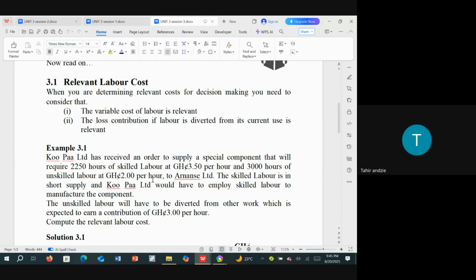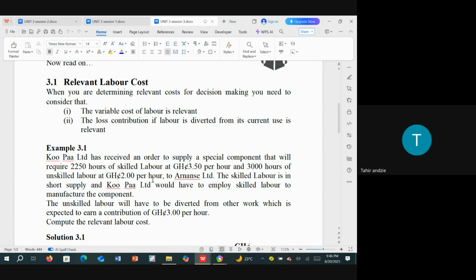Yes, the reason why we are using that amount is that the skilled labor is in short supply. So what we are going to hire is a variable labor cost, and the variable cost of labor is relevant. So once they are in short supply and we are going to employ those hours, the rate per hour we are paying them is what we multiply to get the labor cost for the skilled labor.